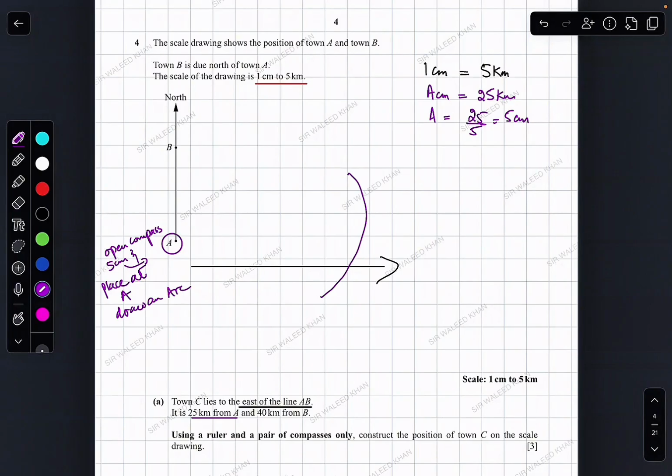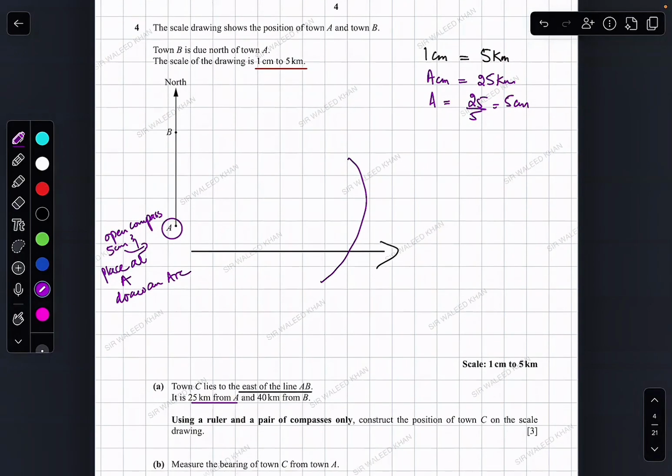Then they are saying 40 kilometers from B. So using the same scale, that 1 centimeter represents 5 kilometers. The distance from town B in centimeters we don't know, but in kilometers it's 40.